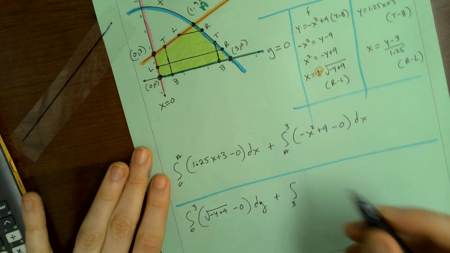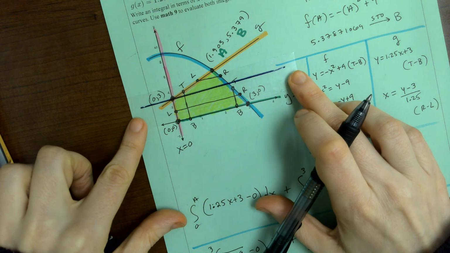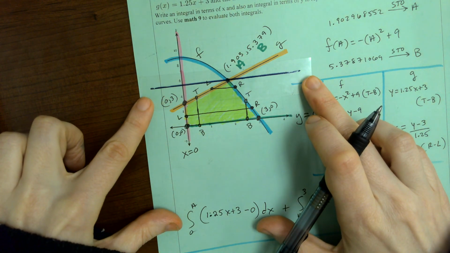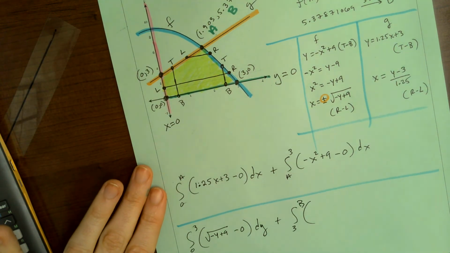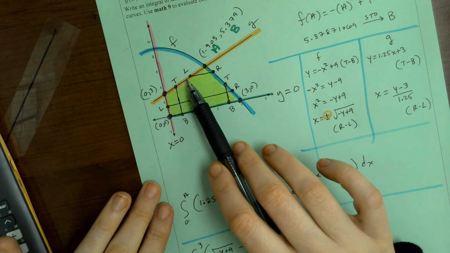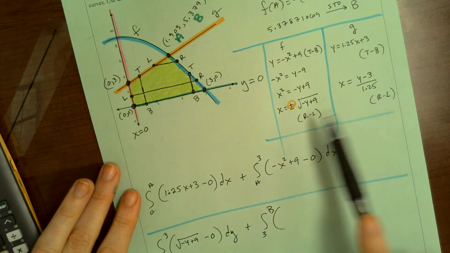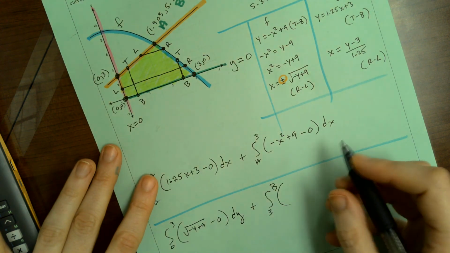Plus the integral from 3. We resume at 3 and then go all the way up to this y value of b, which is stored. And now this time it's the parabola minus the line for right minus left in terms of y. So this is the right, this is the left.